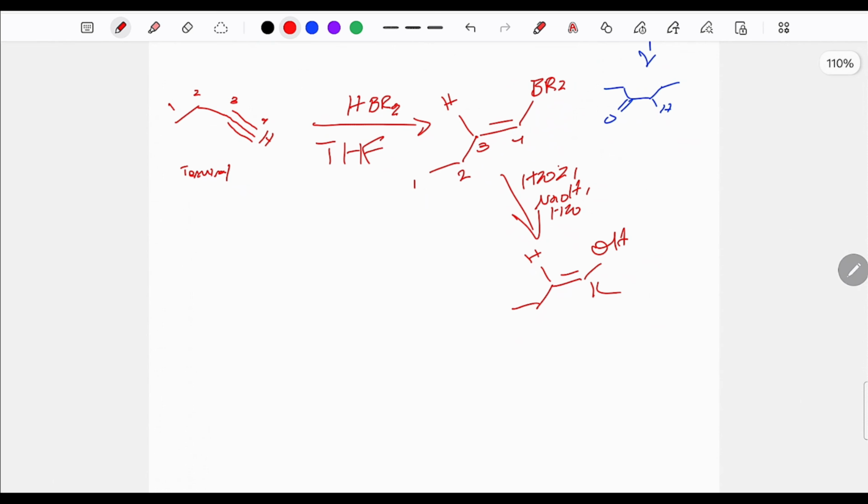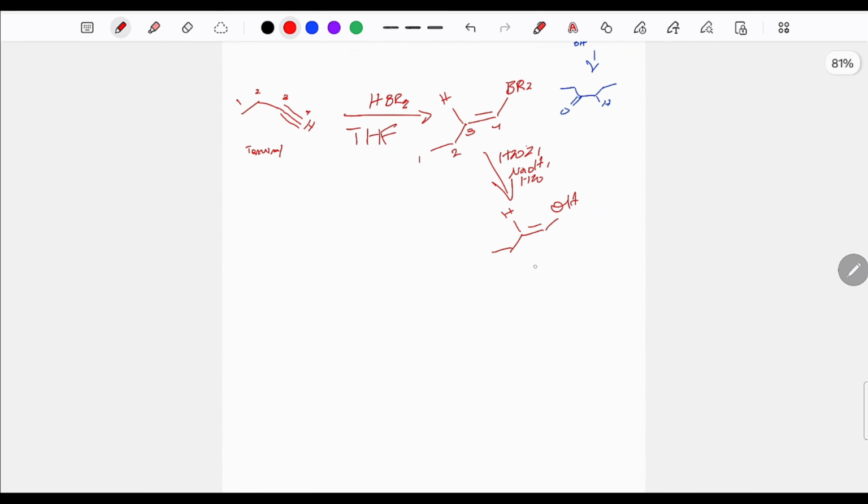And because there is no extra carbon there, and there's only 1 carbon here, when we go through tautomerization, we will get the aldehyde form. Okay? We will get the aldehyde form. All right. So let's go through this reaction.